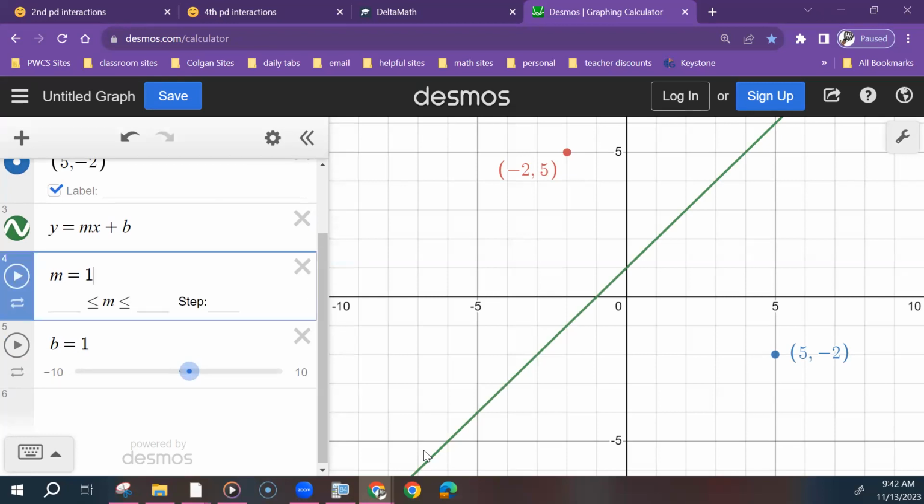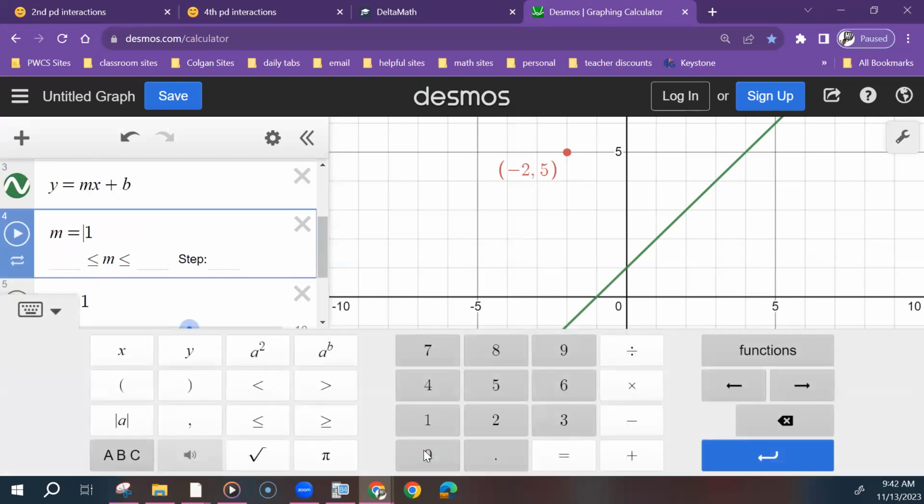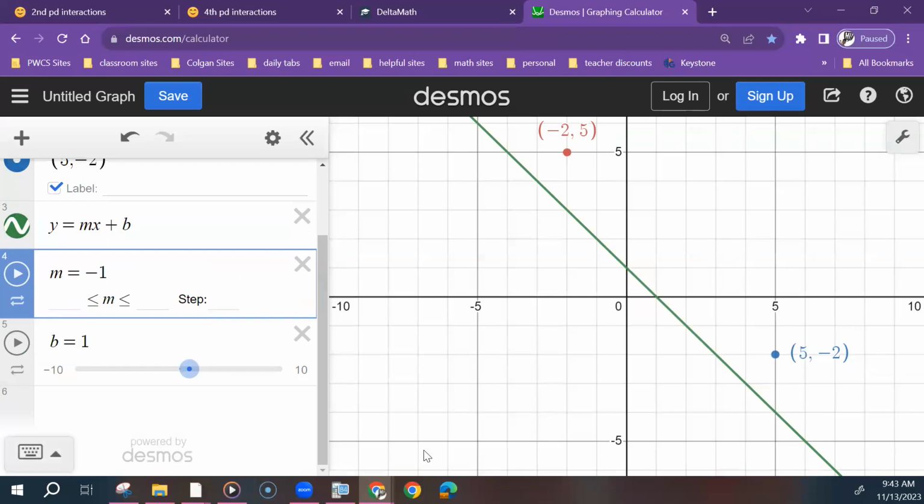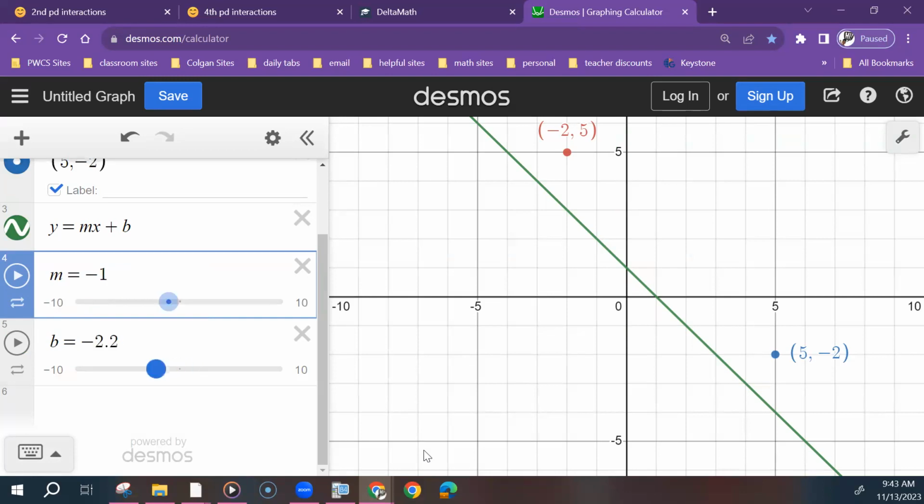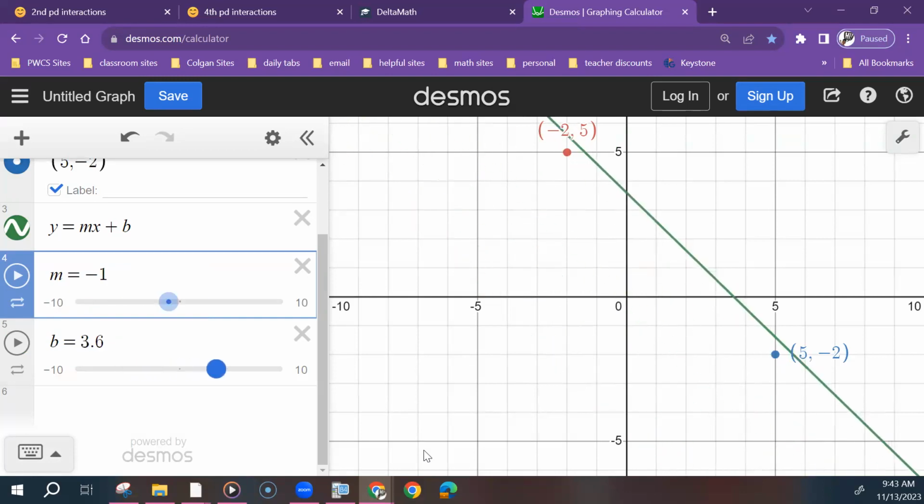So I can change the slope to -1. Not the 1. And then to figure out what your b value would be, you're going to move this until it goes through both points.